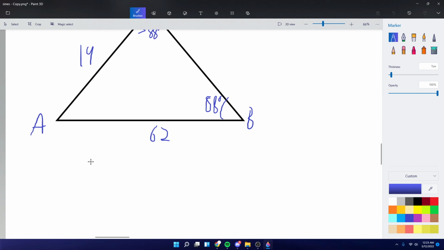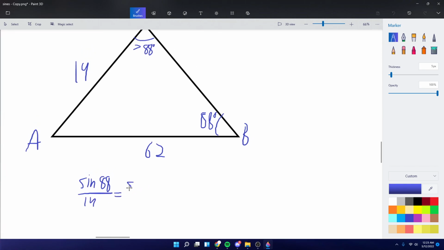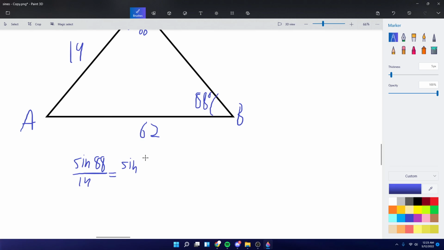Use the law of sines here: sine 88 over 14 equals sine of C over 62.